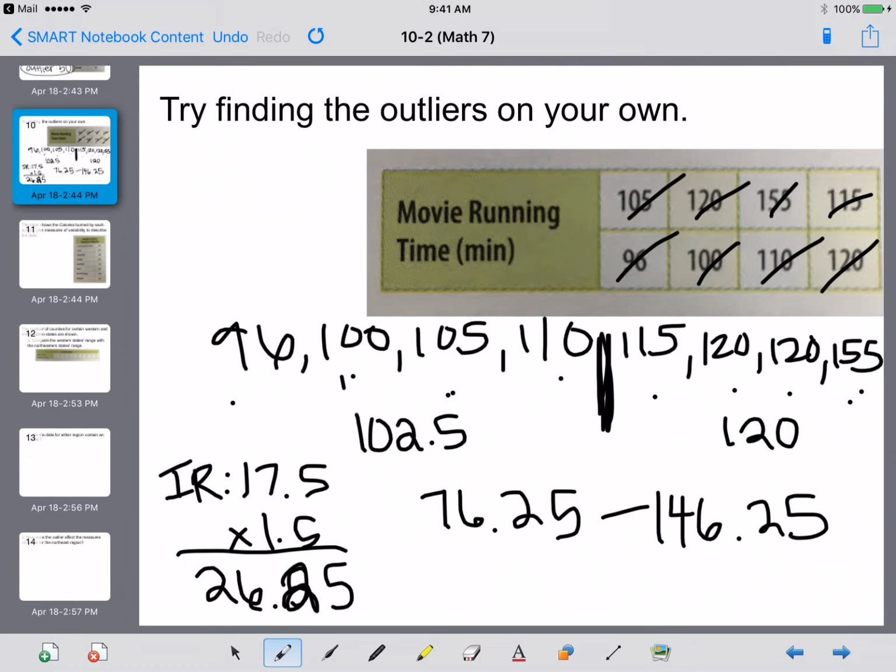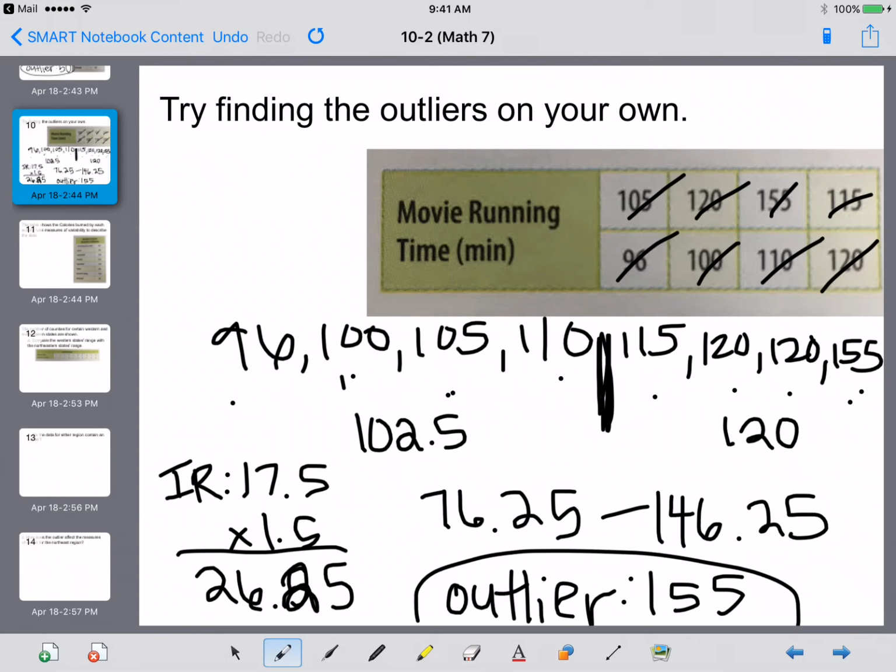Do we have any numbers smaller than 76.25? No, our smallest number is 96. Do we have any numbers bigger than 146.25? Yes, we do. So we have an outlier. Our first one would be 155. Then always double check that second largest number. This one's 120. That's not bigger than 146.25, so our only outlier is 155.